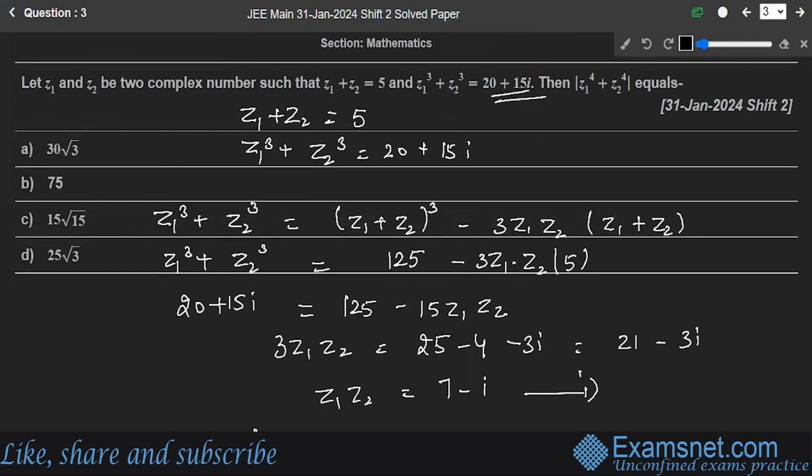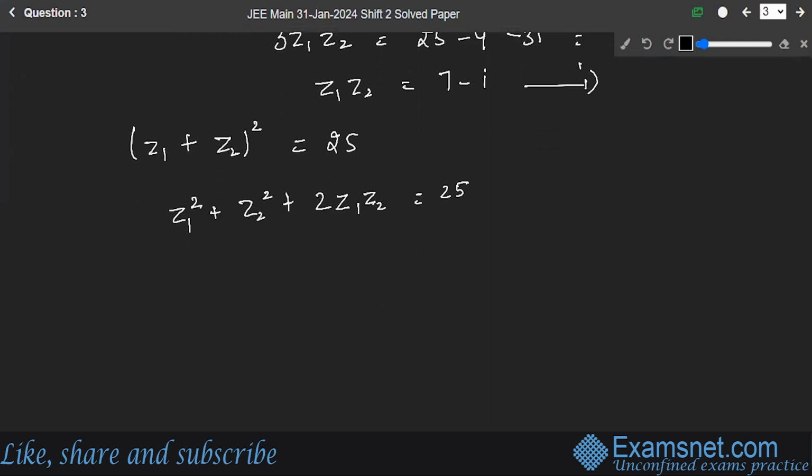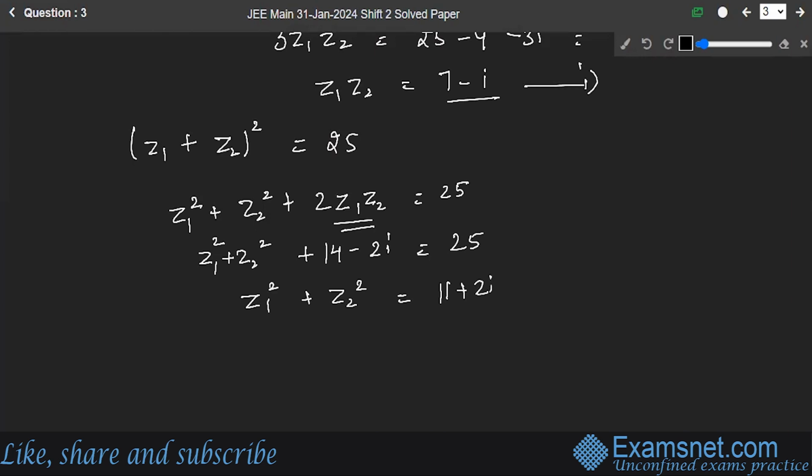No, I don't. All right. So let's write it as such only. I know Z1 Z2 is equal to 7 minus iota. So this is 14 minus 2 iota, and Z1 square plus Z2 square is equal to 25 minus that, which becomes 11 plus 2 iota.